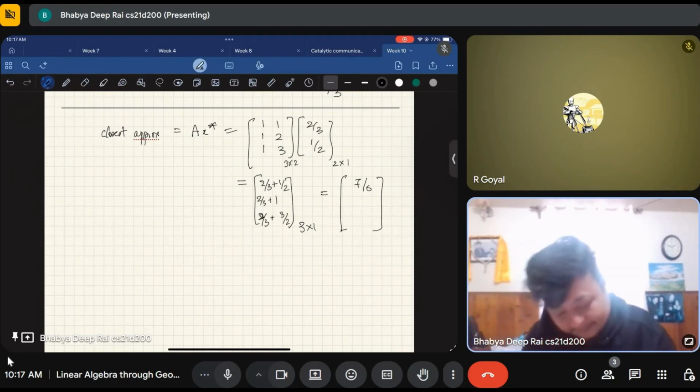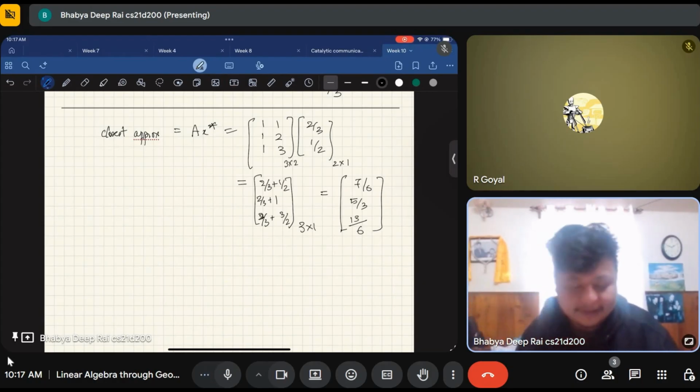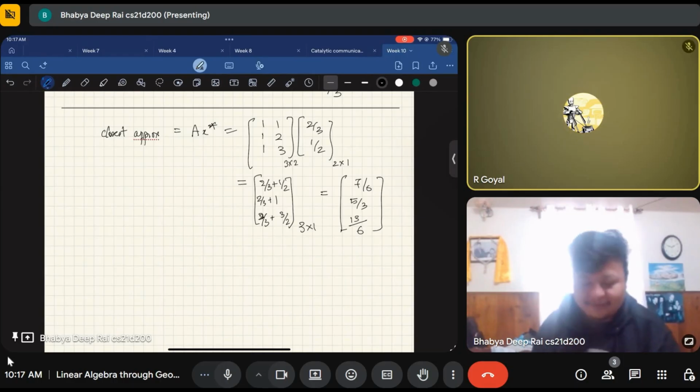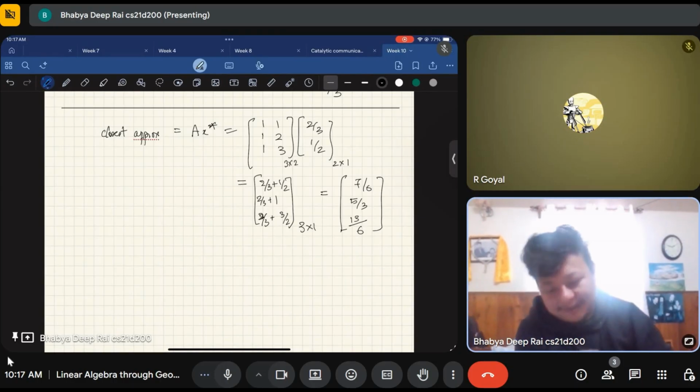So this is 5 by 3, and this is 2 by 3 plus 3 by 2, which is 4 plus 9 over 6, that is 13 by 6. Is that correct? Yes, values are correct. Okay, great. So this is what we have. This is our least square solution.